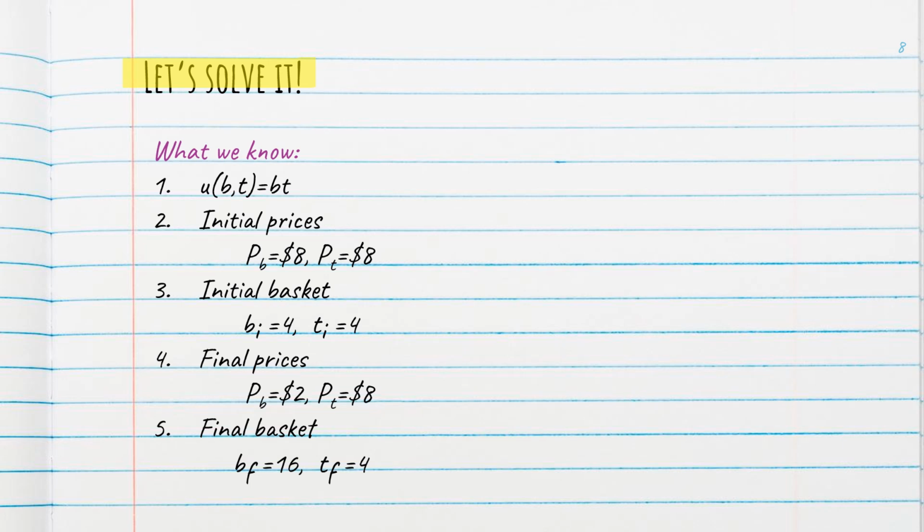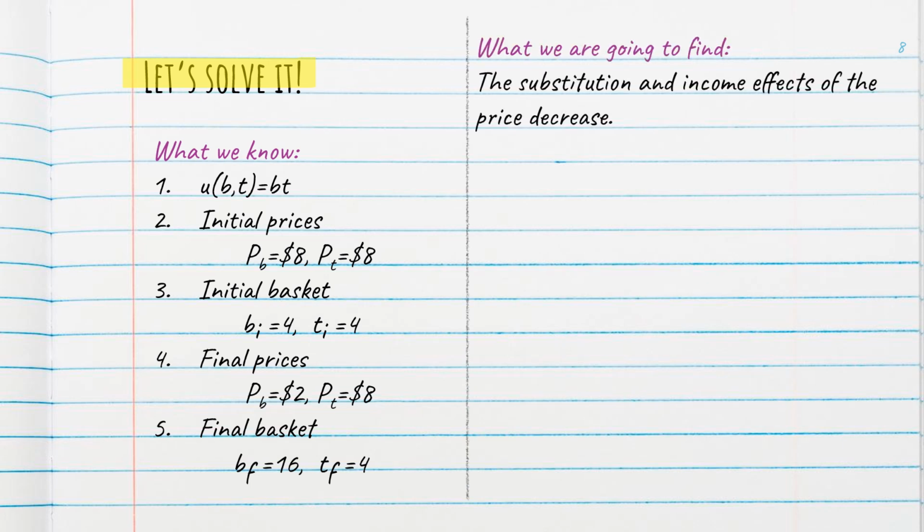So what we need to do is find the substitution and income effects. And in order to do that, we need to find the decomposition basket. The decomposition basket has those two properties. To execute them, we first need to know how much utility Amir actually earns from that initial basket, because his decomposition basket also has to have that much utility.